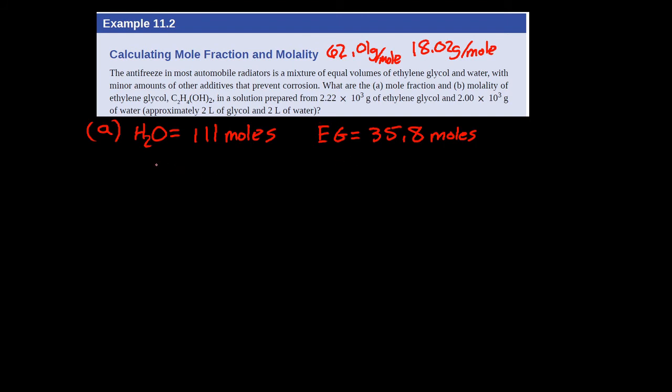So anyway, the mole fraction is going to be 35.8 moles of the ethylene glycol divided by 111 plus 35.8 for the total number of moles. And we do not multiply it by 100.